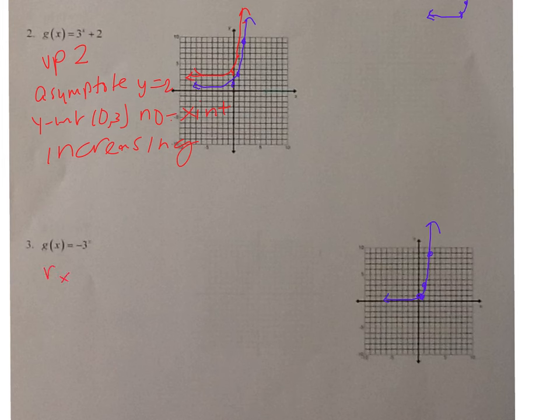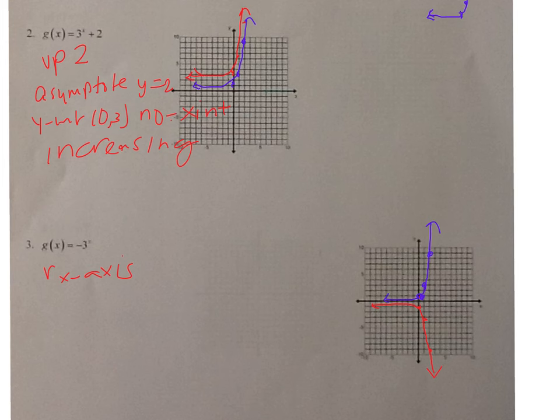So let's flip it over. You could just count the points. From this point, it's down 2, down 1, and then flip over, go 1. And then the next point is going to be down 3, flip over the x-axis, down 3. And then I'll be down here at (2, negative 9). So it looks like that.